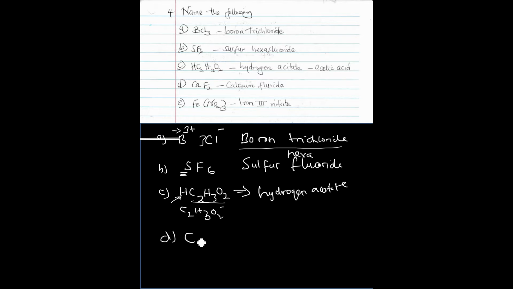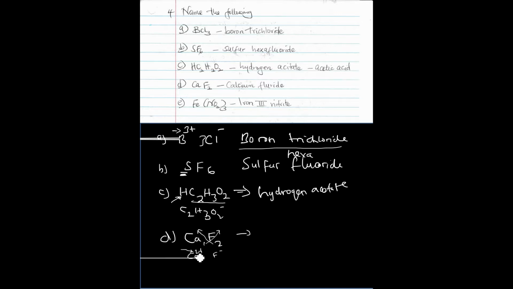And then D, you have a calcium and fluorine. So again, if you take this number back and you take the 1 here back, you get Ca2+ and F minus. Calcium has only 1 oxidation number of 2. Okay, group 1, group 2 elements, main group 3 elements always have 1 oxidation number.